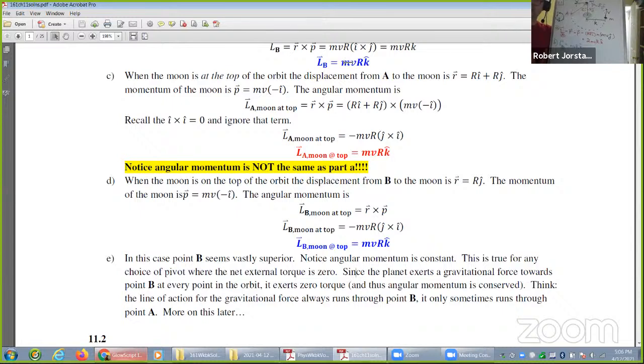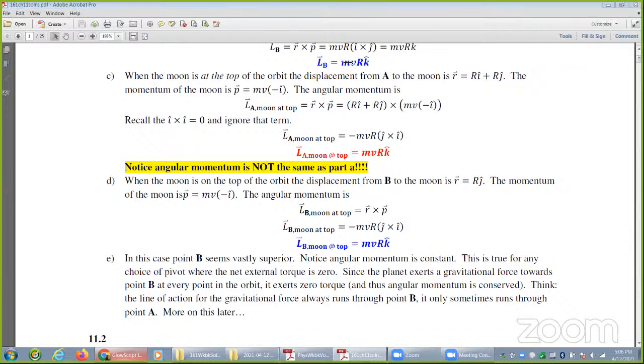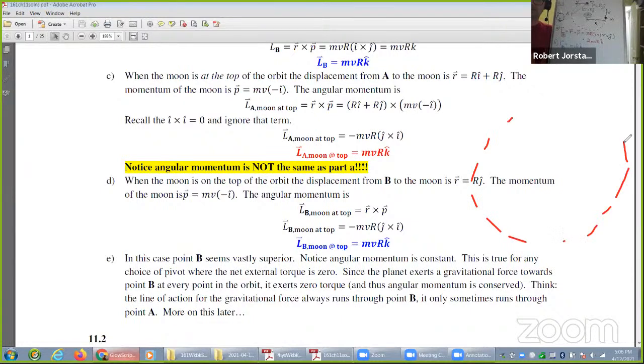Now think about what that means. Let me draw this here, just so we have all these words on the same spot as this. This is supposed to be a circle. But imagine this is like the sun or something, or the earth and the moon, right? What direction is the force on the moon when the moon is at the top of the circle?